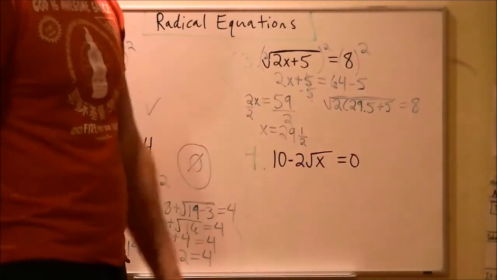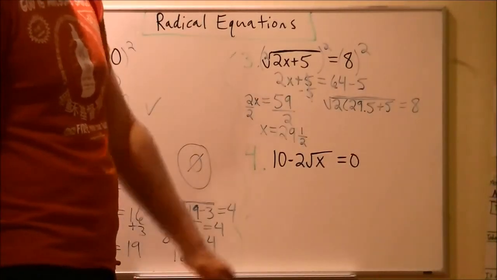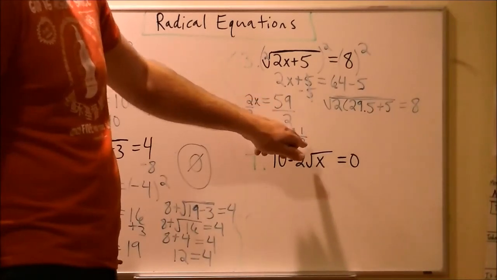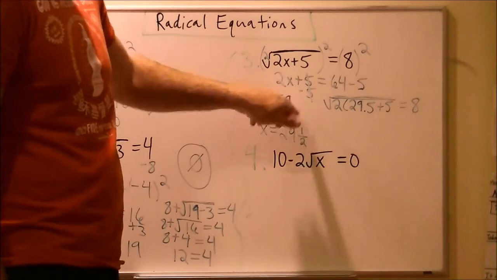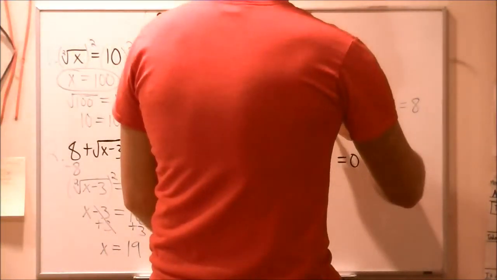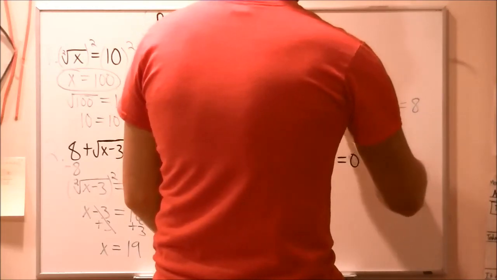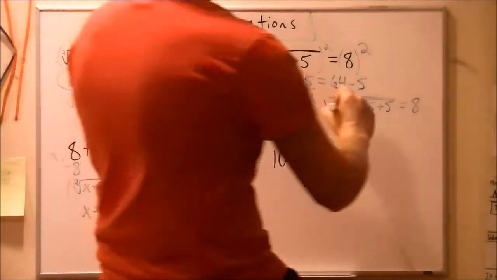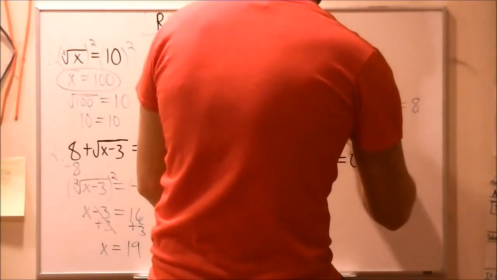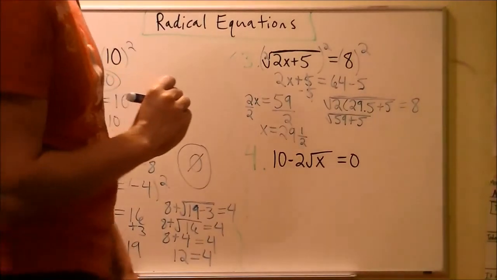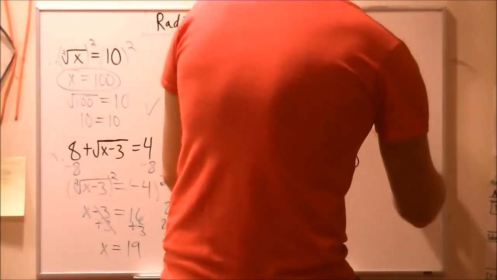2 times 29.5, well that's easy. We divided that original number by 2 to get 29.5, so if we multiply by 2, we go right back to 59. So square root of 59, don't forget your plus 5, and all of that is the radicand, the terminology for what's underneath the square root symbol, equals 8.